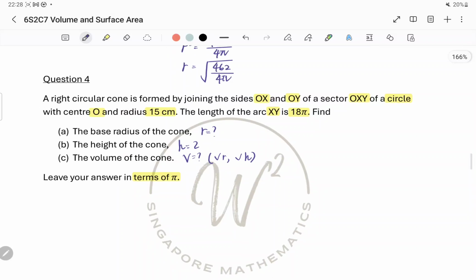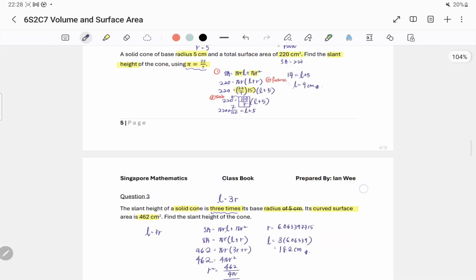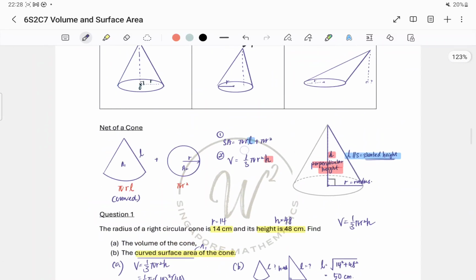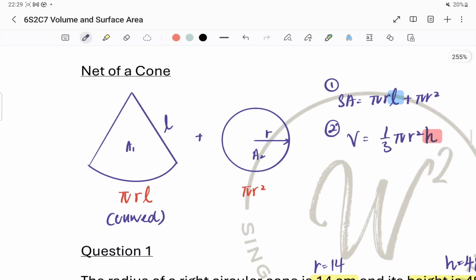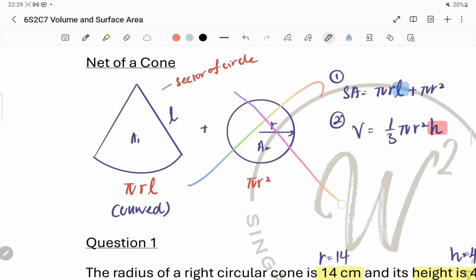Okay, so one thing you need to remember, look back at the one that I drew for you. Do you realize that besides calling this the curved surface area, this is also known as a sector of a circle, right? Ignore whatever I mentioned, ignore this one first.